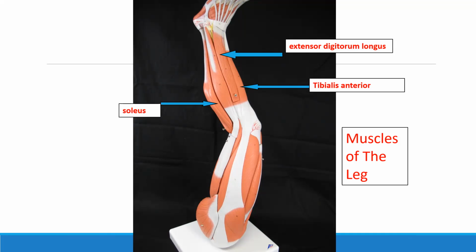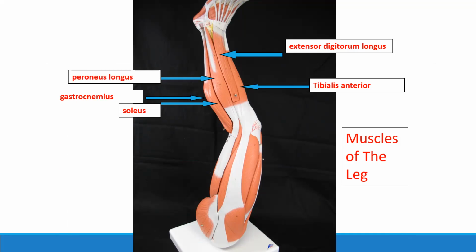On the posterior portion of our leg, we have two sets of muscles, one tucked on top of the other. This is called the soleus, and it sits on top of the calf muscle, also known as the gastrocnemius. It's that big, thick muscle you can feel on the back of your lower leg. That's the gastrocnemius. More on that later.